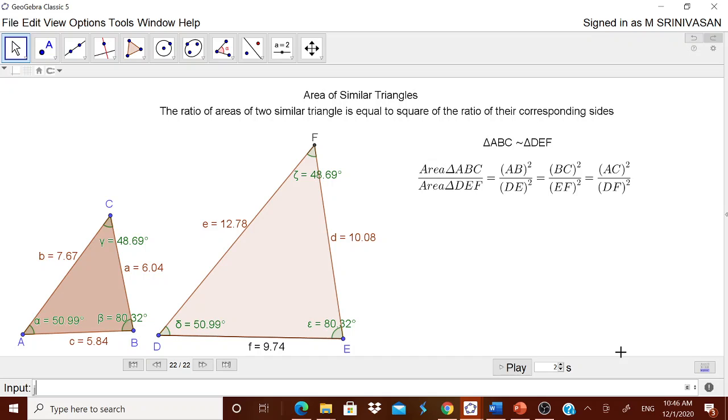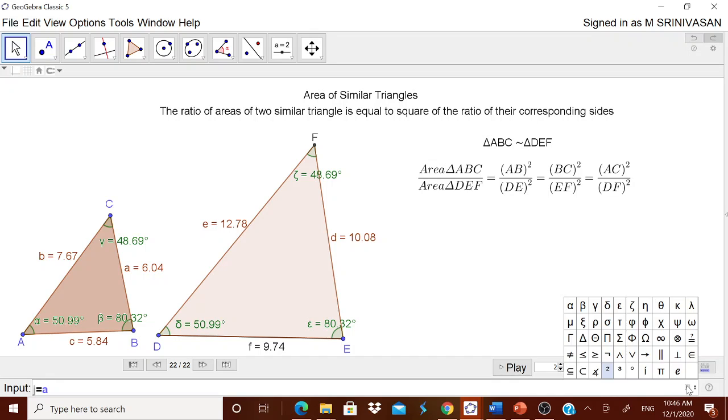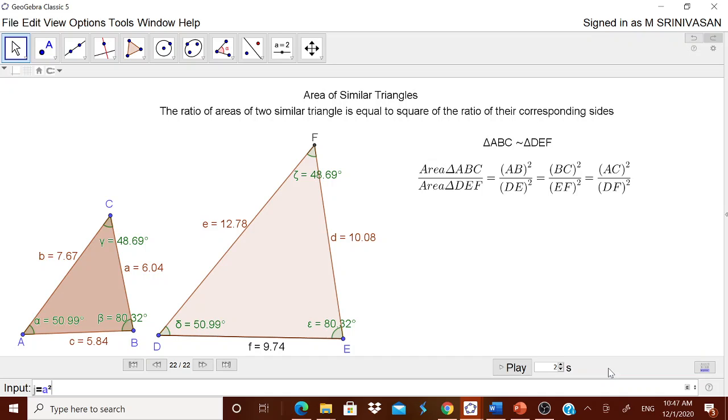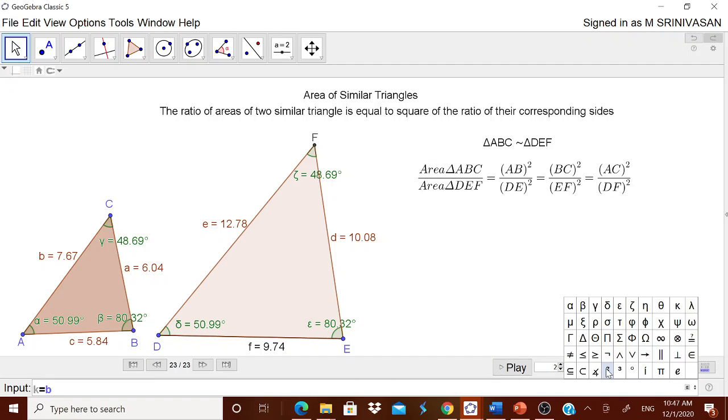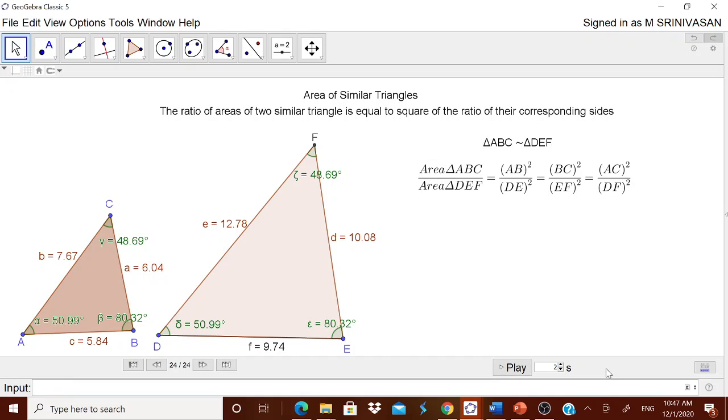Therefore j is equal to, you have to do it very carefully, a, then come back here and go for the square. Okay, well. Now k is equal to b square. Therefore b, then go back to this alpha and then square it. Now the squares of AB, BC and AC are obtained.